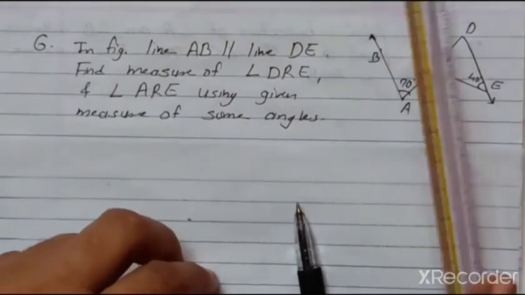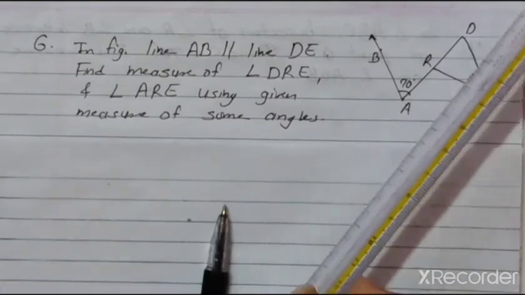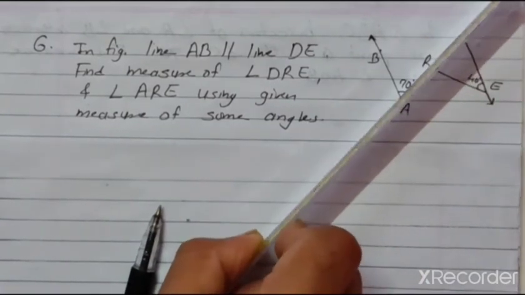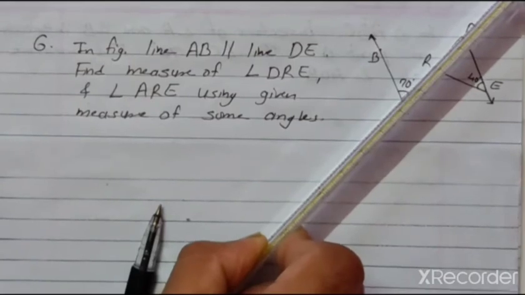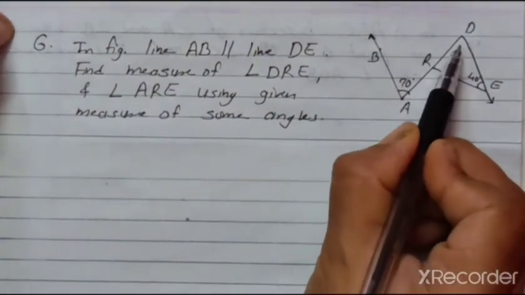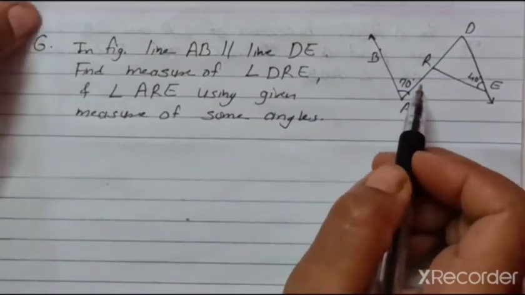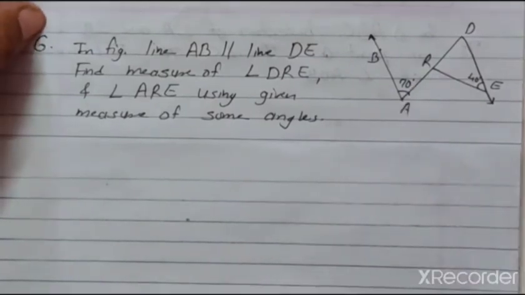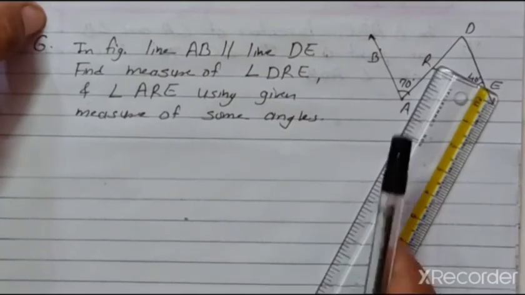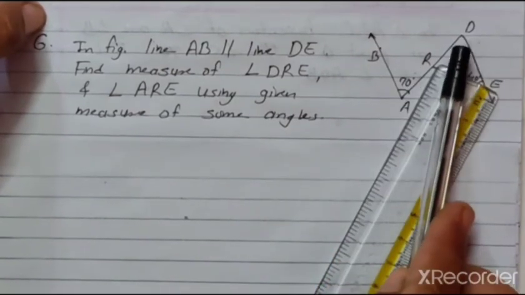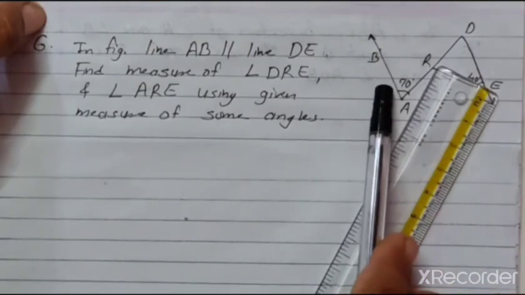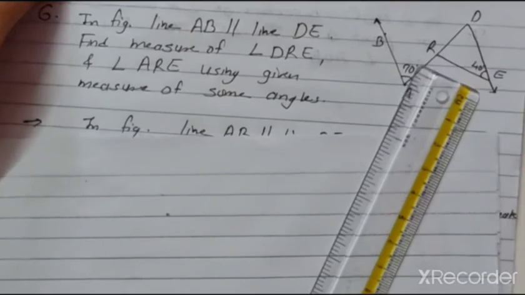These two lines are parallel, and if you use this DA as their transversal, then by using the parallel line property we can find the measure of this angle, because you can see these two angles are interior alternate angles.